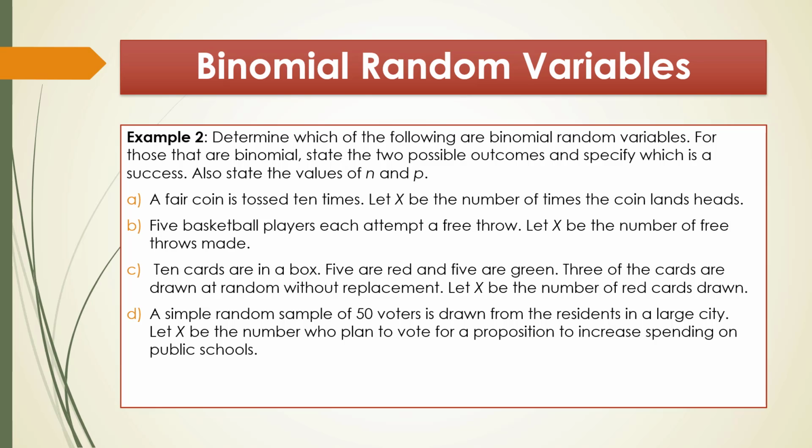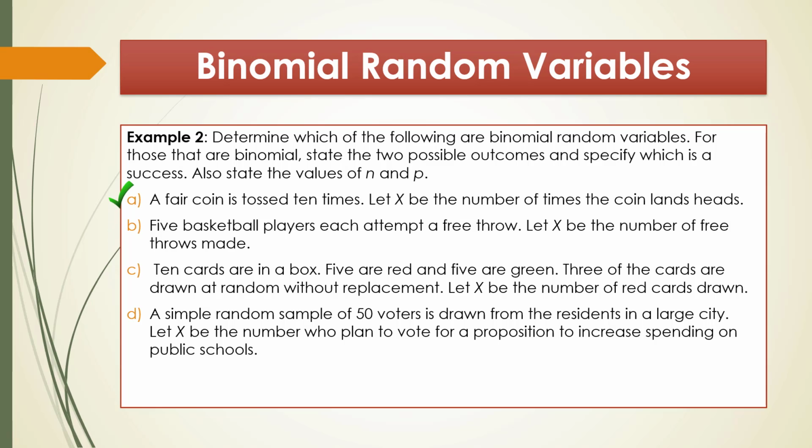So the probability that the first player hits success is different from the second player and the others. So B is not a binomial random variable because the independence condition is violated.